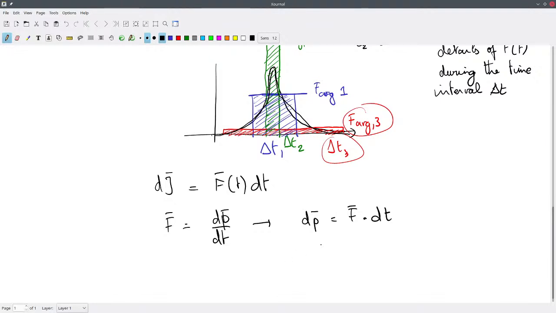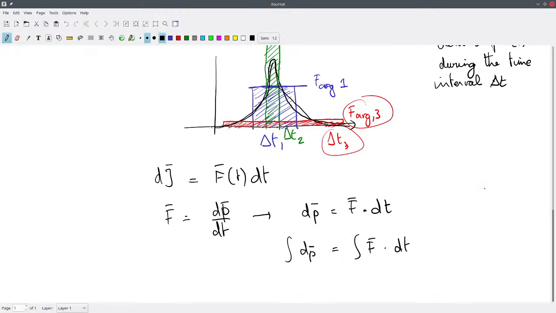And if we take an integral, the integral of dp is the integral of F dt. So that is going to be delta p, the change in momentum, equal to this integral. Well, that's the integral that gave us the impulse. So the impulse is equal to the change in momentum. And that's going to be the important relationship that we now want to use.